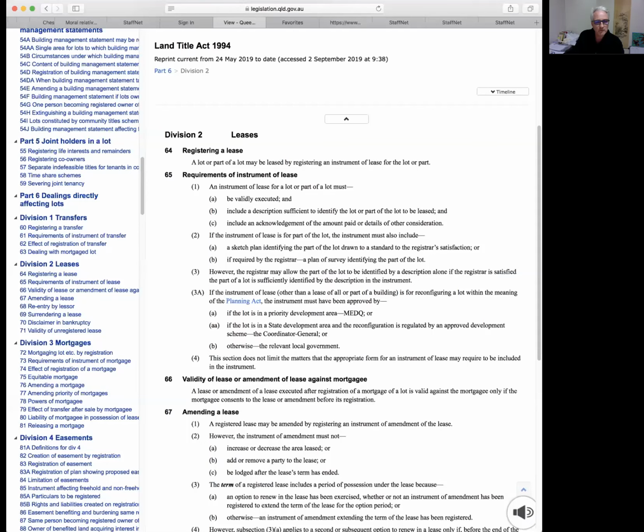And I just want to now show you the Land Title Act. You can see there that under Part 6, dealings directly affecting lots, and Division 2, dealing with leases.